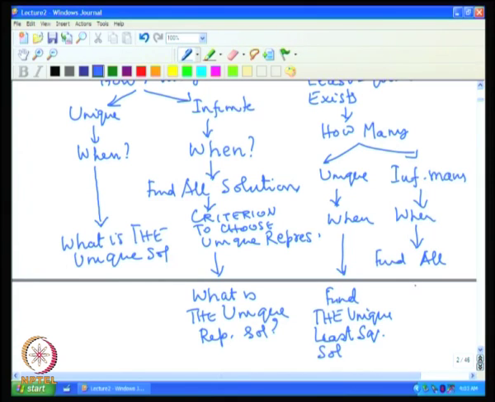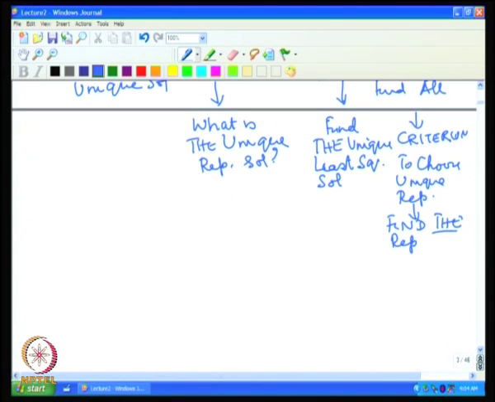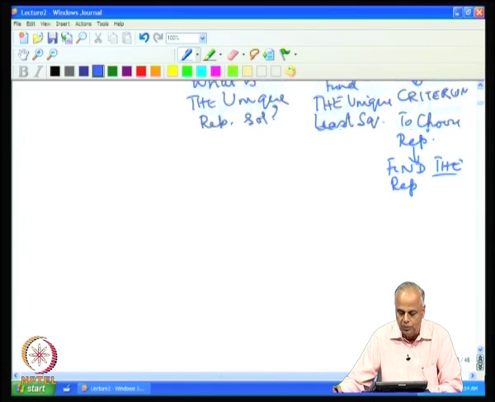Again as before, we want a criterion to choose a unique representative, then finally find the representative. So, these are the fundamental questions that arise when we are dealing with a system of equations. Our aim will be to find the answers to all these questions.